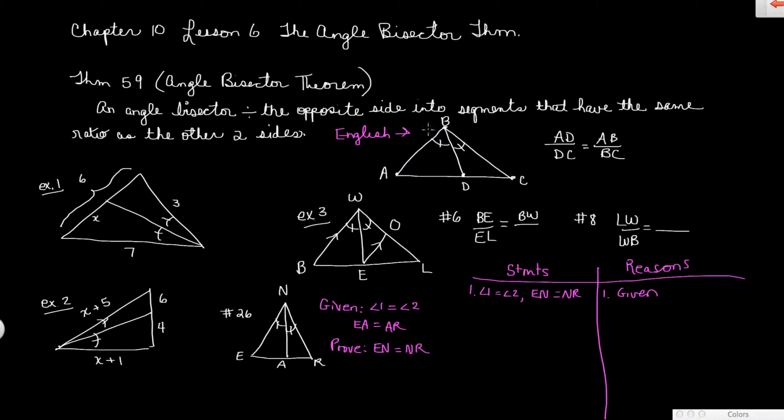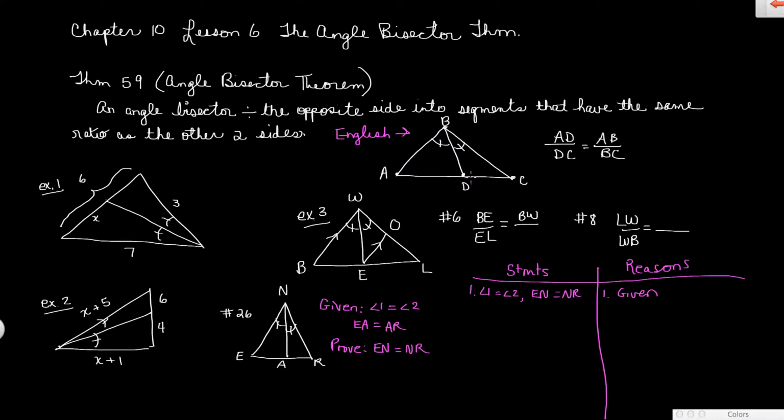If you have a triangle ABC, and BD bisects angle ABC, which means it divides it into two equal angles, then the sides are going to form this proportion. We're going to have AD over DC, so that's the side that's not bisected, but it's cut in two. AD over DC equals AB over BC.